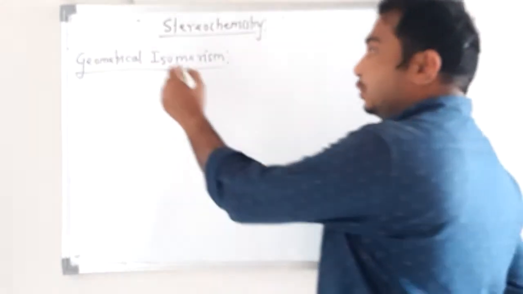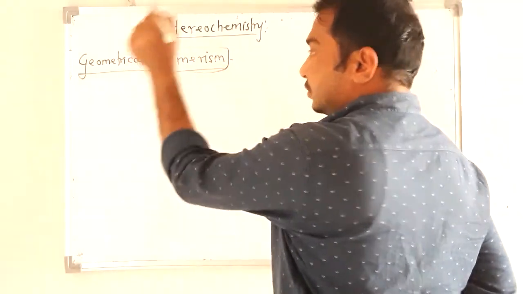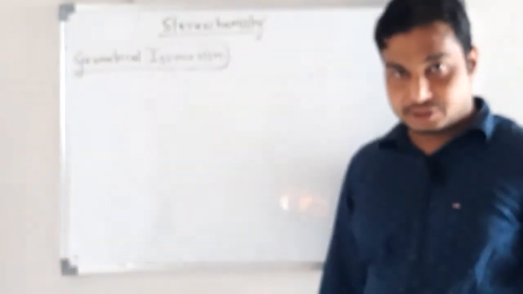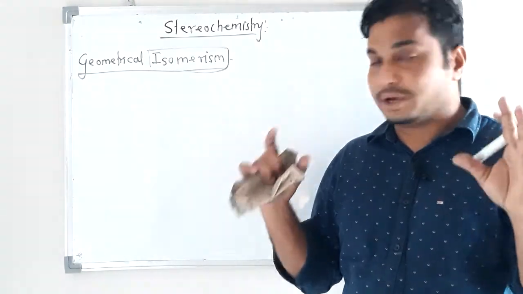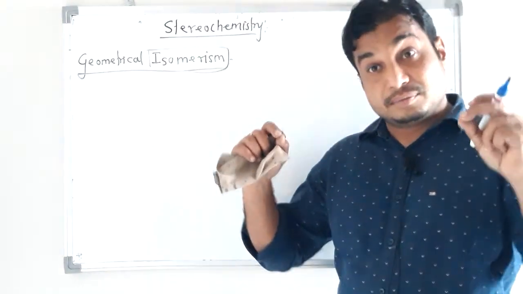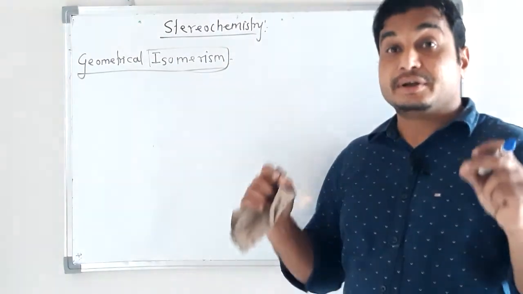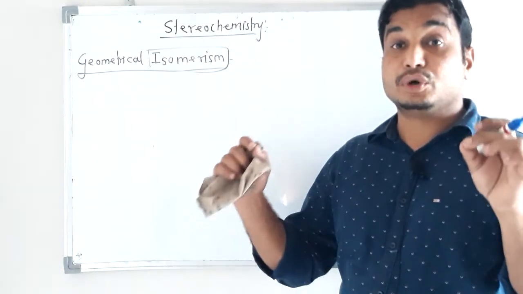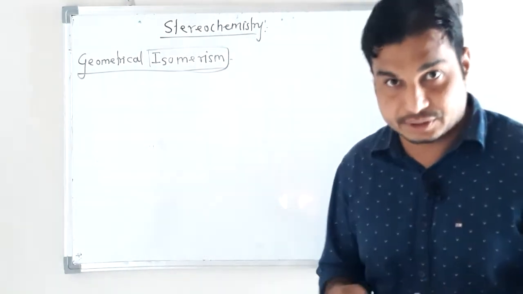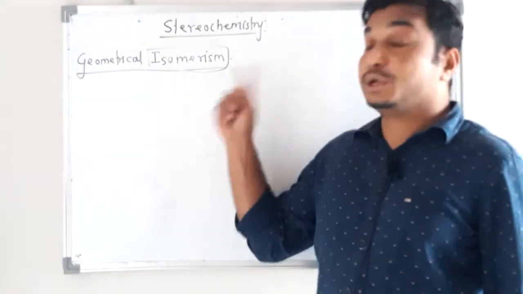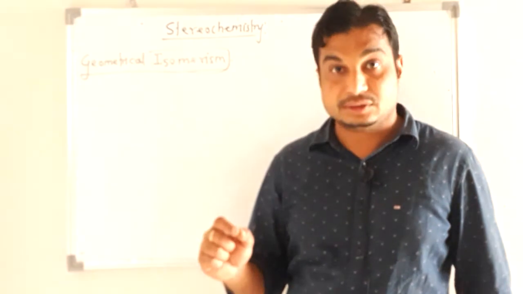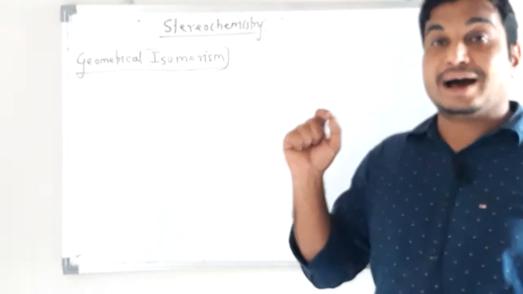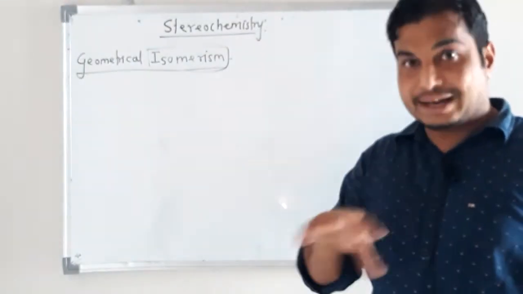As we know the meaning of isomerism and stereoisomerism, stereoisomers have the same molecular formula but different structure due to different orientation. In stereoisomers the sequence of chemical bonds is the same in all the isomers.